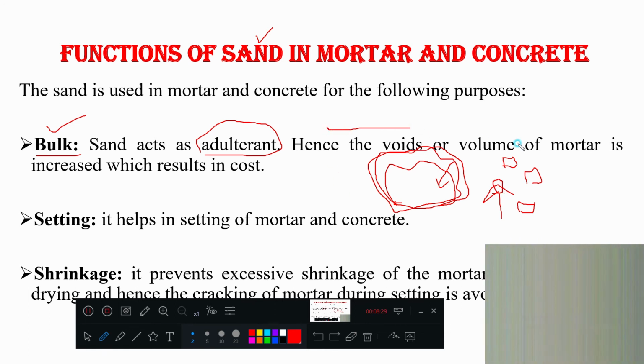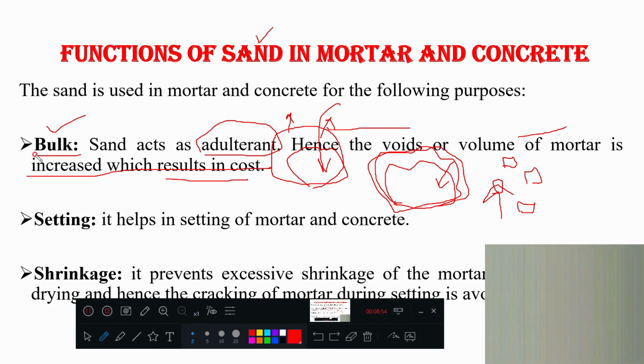Hence the volume of mortar is increased, which results in cost savings. For a given cement mortar quantity, if more sand is added, you get more mortar. You are not adding cement here, you are adding sand. More sand means more volume, so the cost is going to be less.